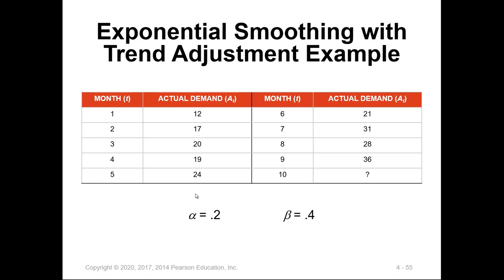So in this example, you can see the manufacturer data and the trend that we have. The smoothing constants are assigned the values of alpha equal to 0.2 and beta equal to 0.4. All this is the given information for the actual demand for the past 10 months for this manufacturing facility.